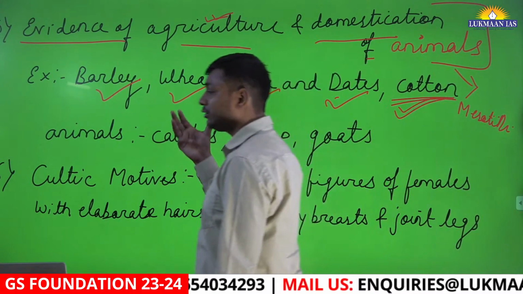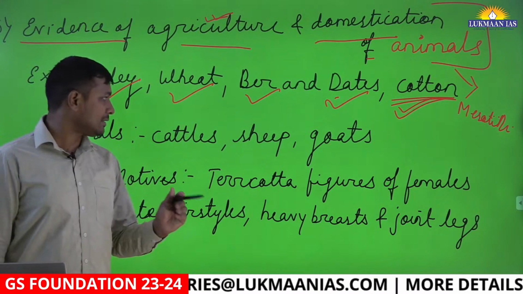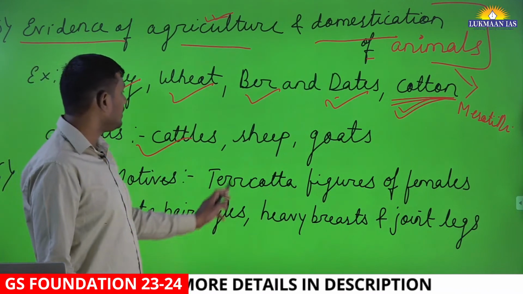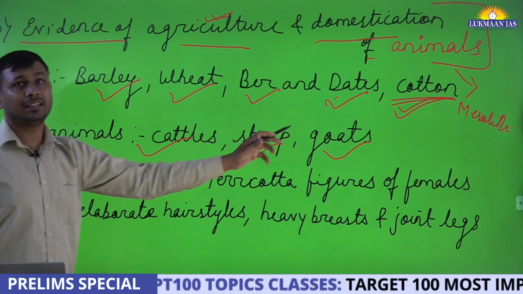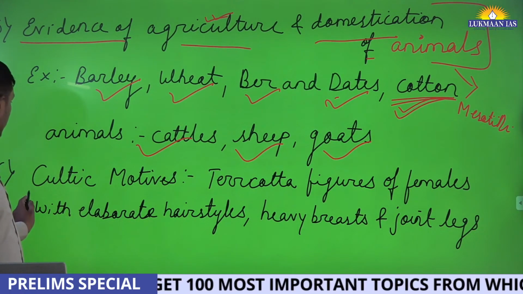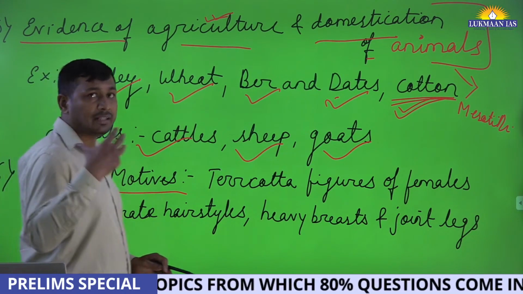Now, as far as the domestication of animals is concerned, through archaeological evidence we get the bones of animals like cattle, sheep and goats. So this shows us that they were practicing the domestication of animals. Now, as far as their religious belief is concerned, it is not very clear evidence.